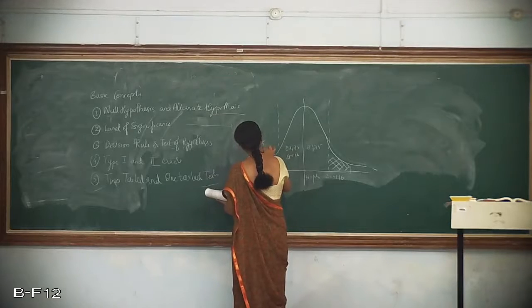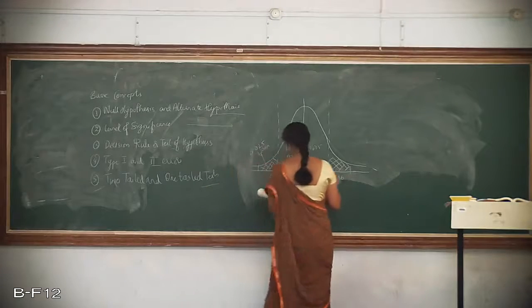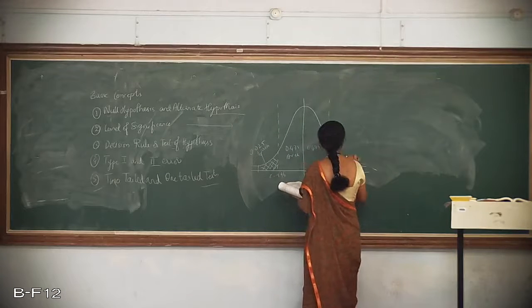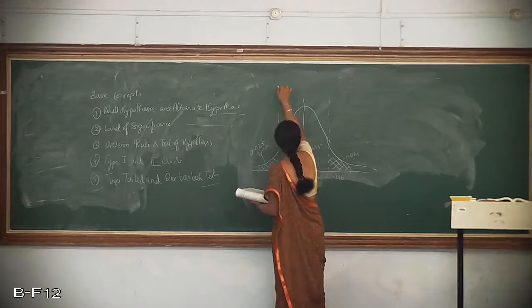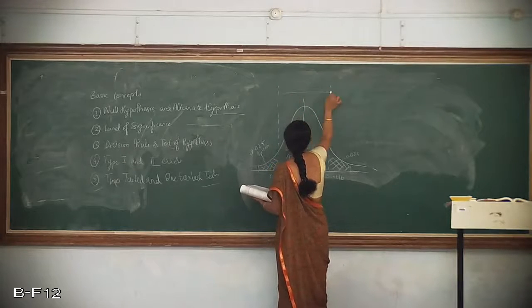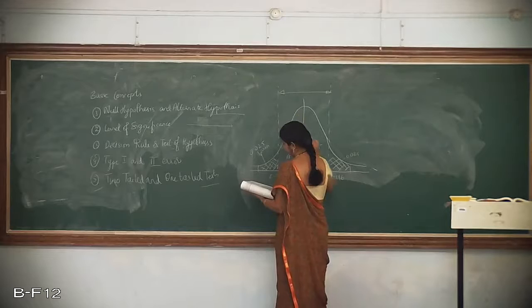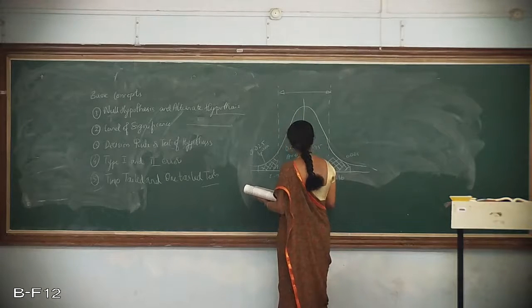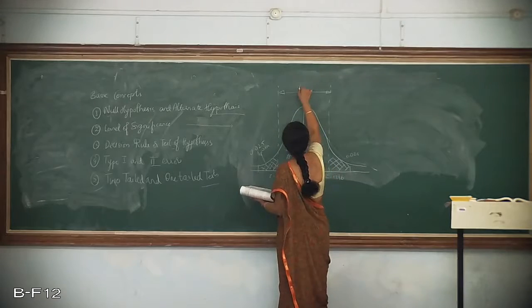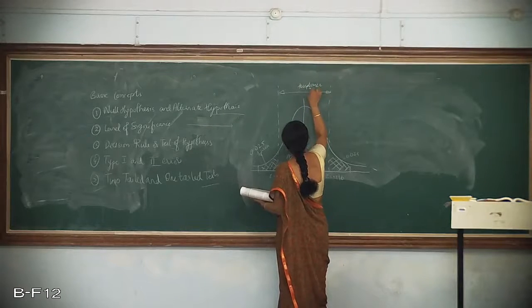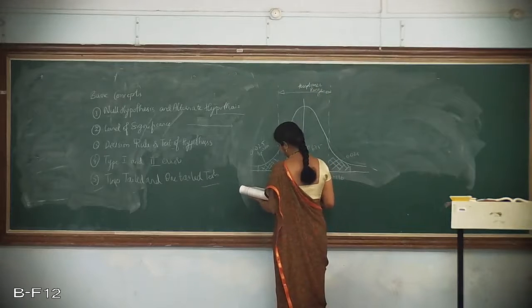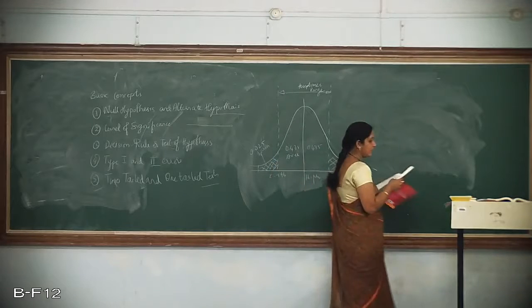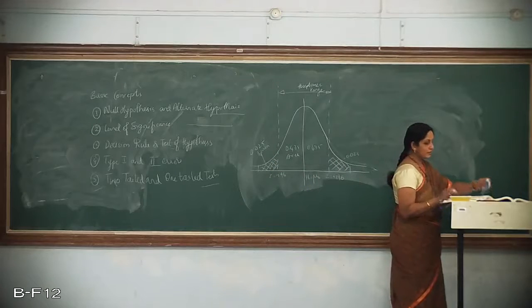The total area will be 1 here, and this middle range is called the acceptance range. This is mu equal to mu naught. And here we are considering the two-tailed test.